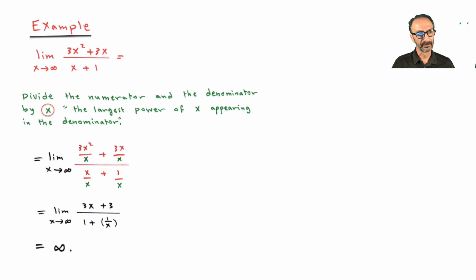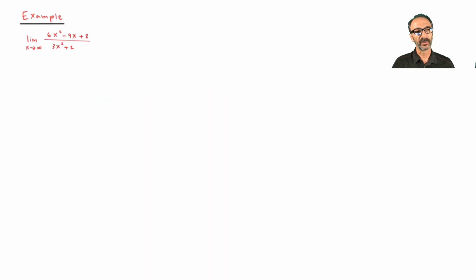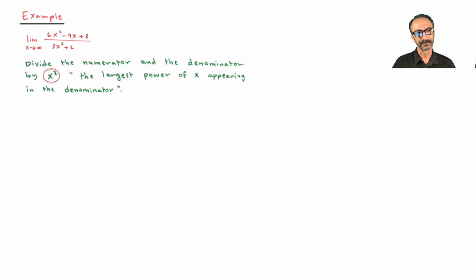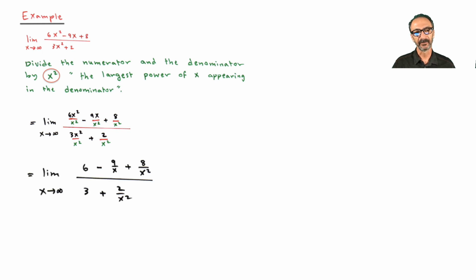One more example. We're going to divide this time by x to the second, or you could just see it, 6 over 3, which is 2. Let's just see the steps. That's how you divide by x to the second. That's how you simplify.